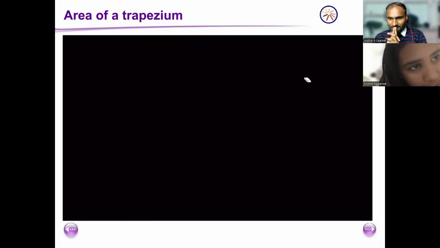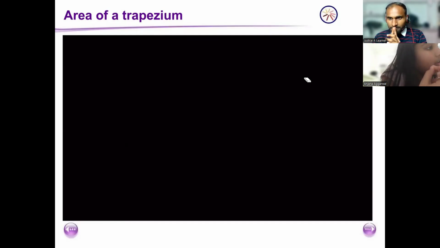Parallelogram. I'm giving you options. It is LB or BH. BH. True, B into H, correct. What is the area of a rectangle? LB or BH?